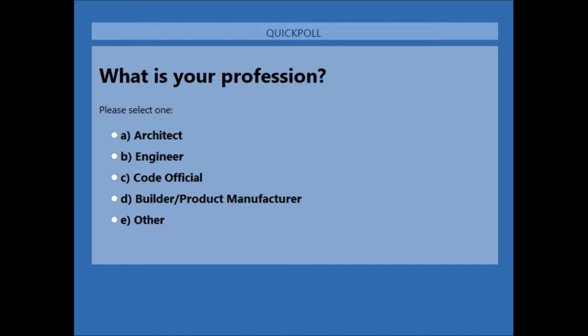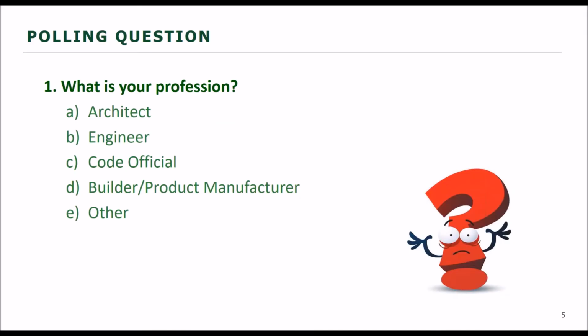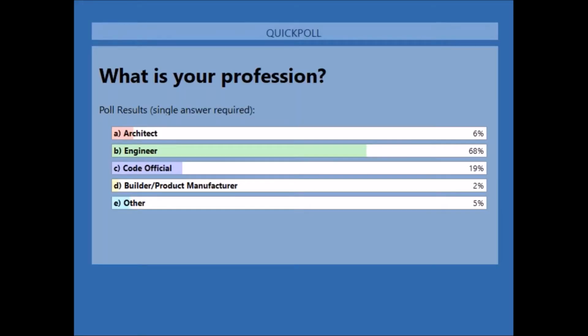Alrighty, I've got about 80% and 30 seconds exactly. All right, and let's share that. So we've got about 68% engineers, 19% code officials, 6% architect, 5% other, and 2% product manufacturers. So thank you all for being here.